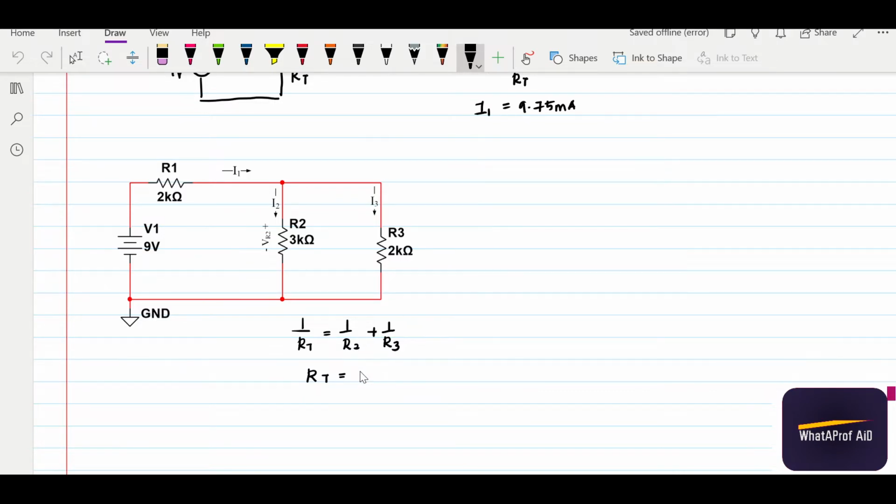So we get 1.2 kilo ohm. Then we can simplify the circuit based on the values we have now: 9 volt, 2 kilo ohm, and RT equals to 1.2 kilo ohm here.